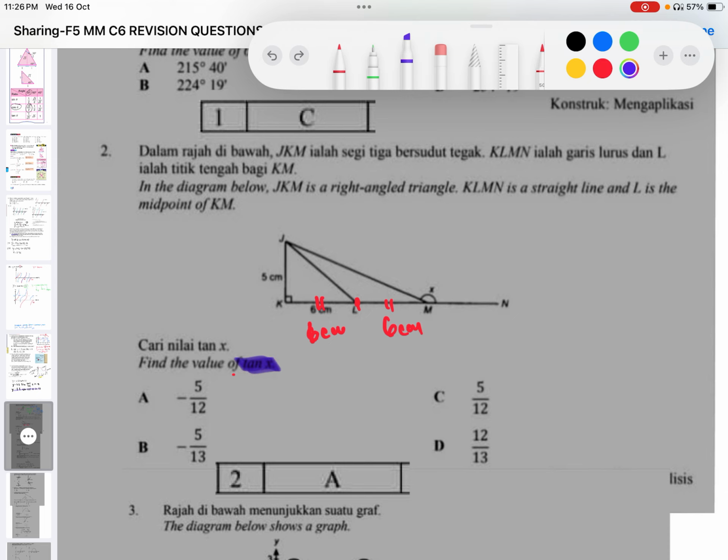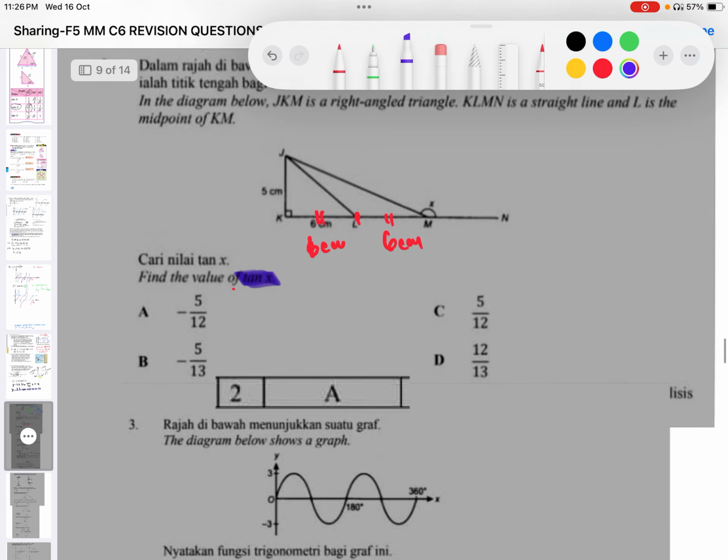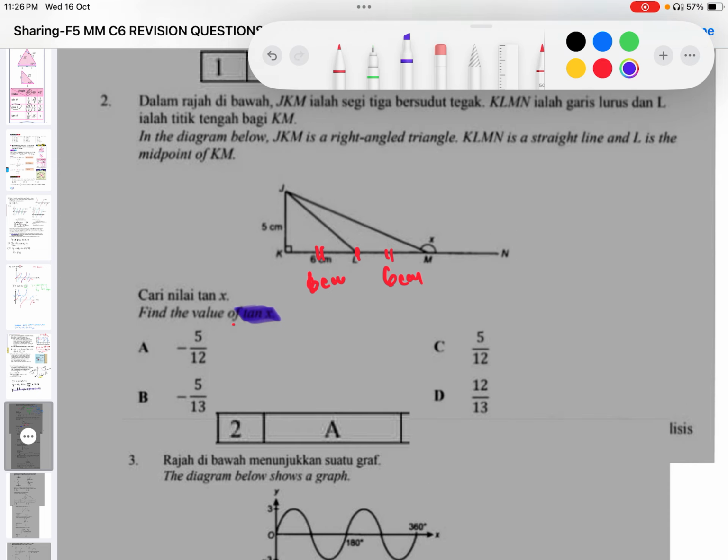Okay, tangent x. Recap back: we have CAH, SOH and TOA. So using tangent, tangent x equals opposite over adjacent.